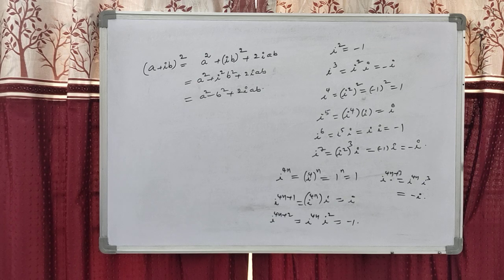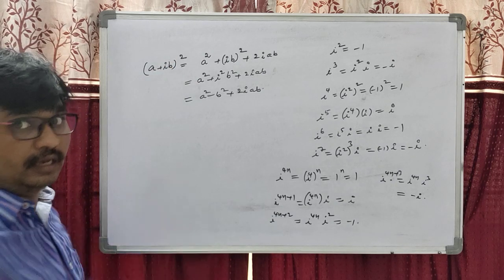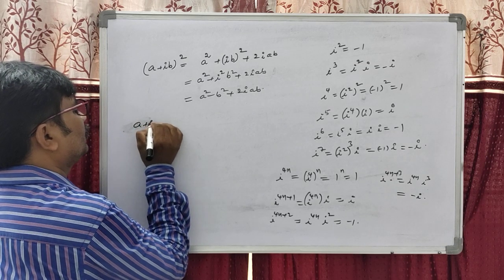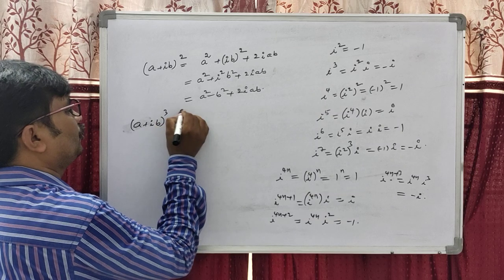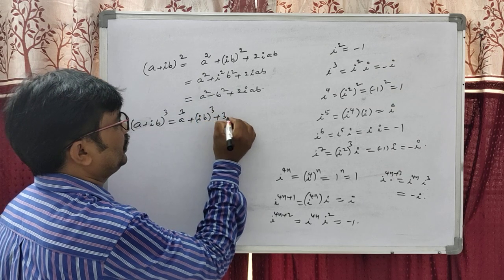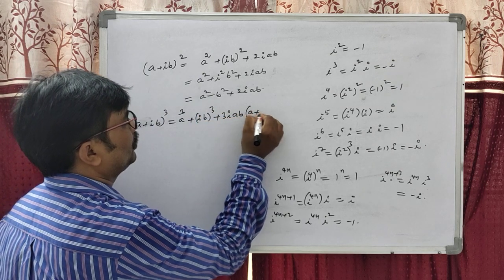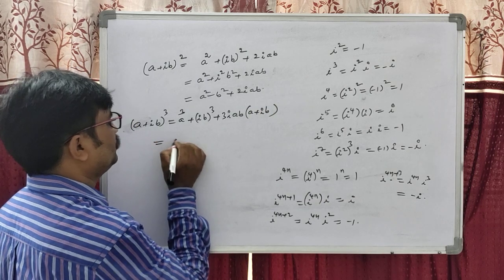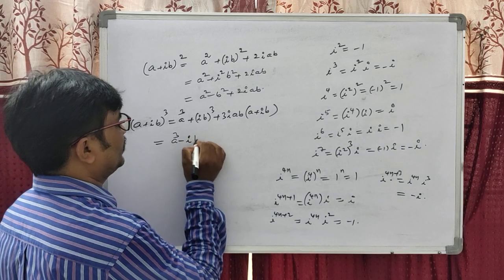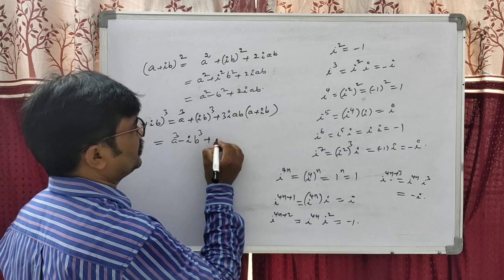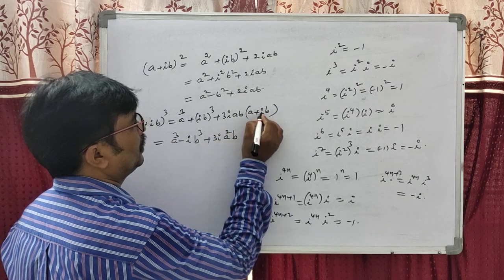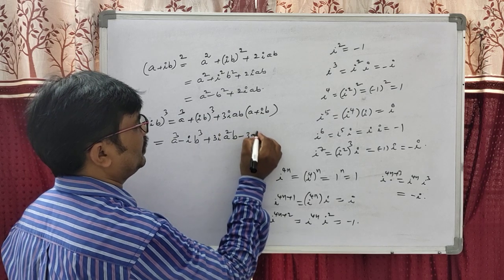So students, now this is (a + ib)². Now students, (a + ib)³ is a³ plus (ib)³ plus 3ab times (a + ib). This is a³. i³ is minus i, so minus i b³. After then 3i a into a²b, i into i² minus 3ab².